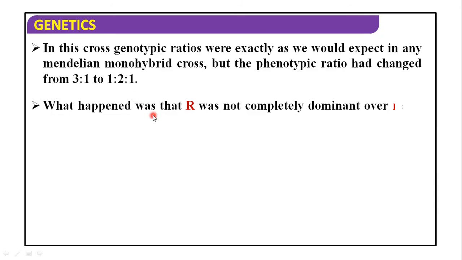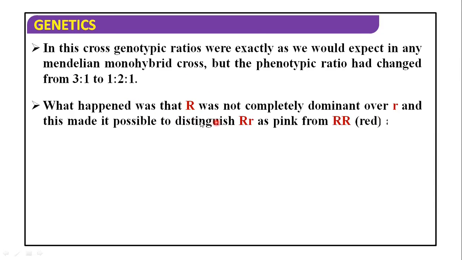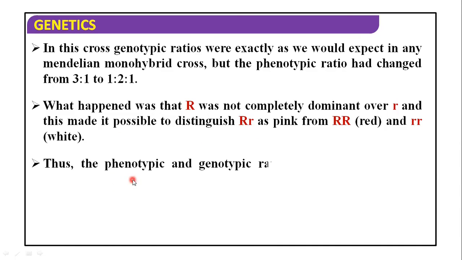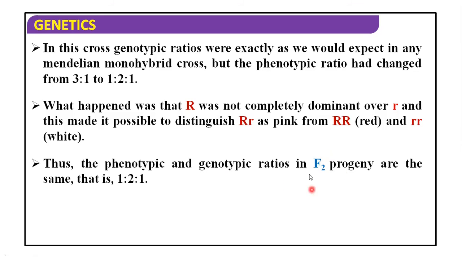What happened was that capital R was not completely dominant over small r, and this made it possible to distinguish capital R small r as pink from capital R red and small r white. So we got 1 is to 2 is to 1 proportion. Thus the phenotypic and genotypic ratios in the F2 progeny are the same, that is 1 is to 2 is to 1.